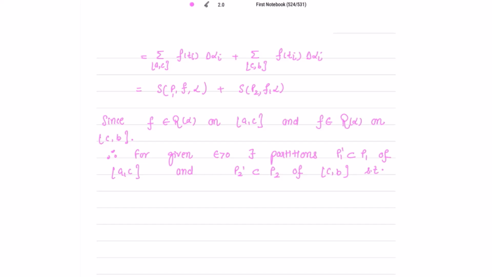Let's say P1', which is a subset of P1 of the closed interval [a, c], and P2', which is a subset of P2 of the closed interval [c, b], such that the modulus of S(P1, f, α) minus the integral from a to c of f dα, I'm very sorry, this should be from a to c for the P1 partition, and S(P2, f, α) minus the integral from c to b of f dα, is strictly less than epsilon by 2.